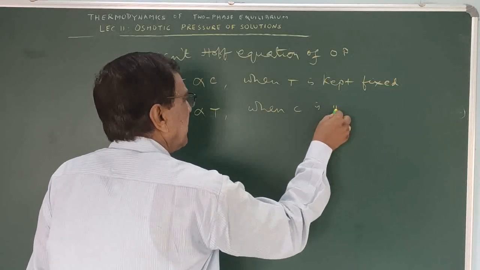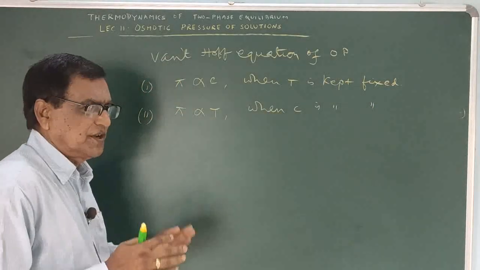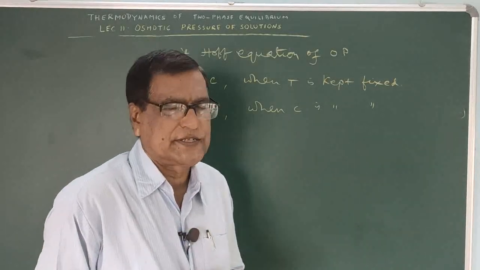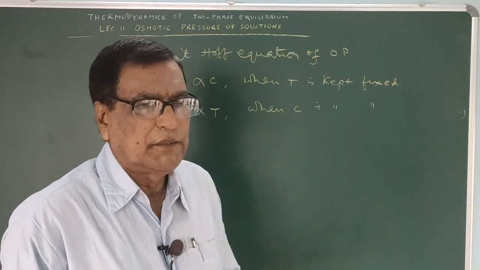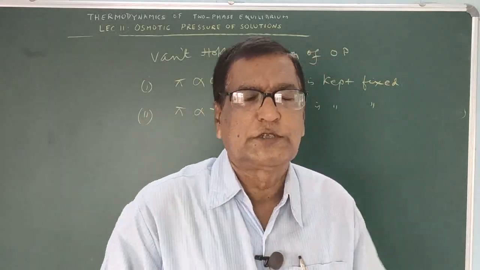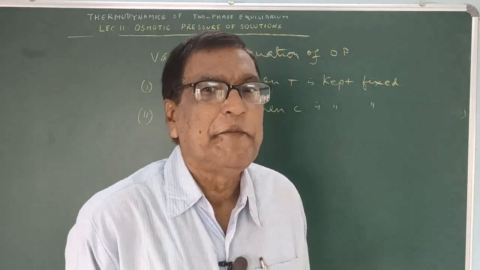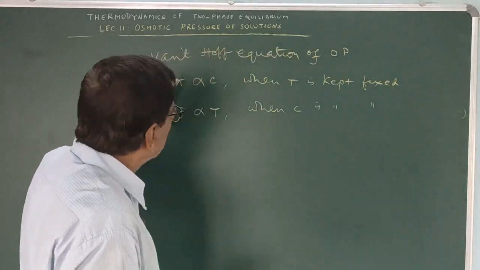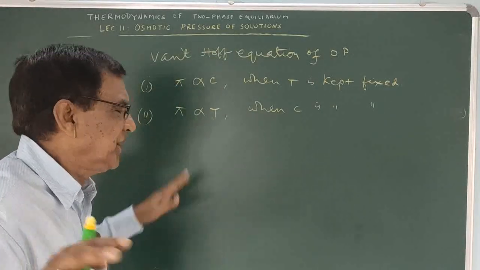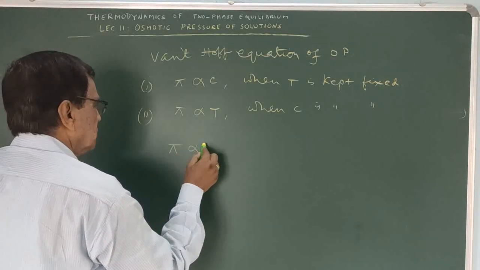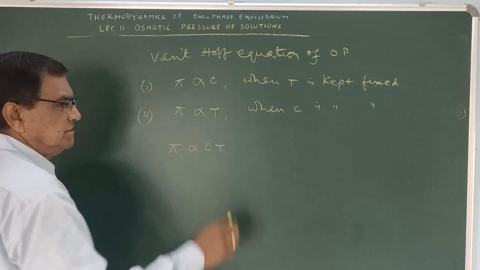And case number 2, pi is proportional to T when concentration is kept fixed. With the rise in temperature, the osmotic pressure is also increased. And this could be done by doing this experiment in a thermostat of varying temperature. So whenever these two relations are joined, it becomes pi proportional to CT.